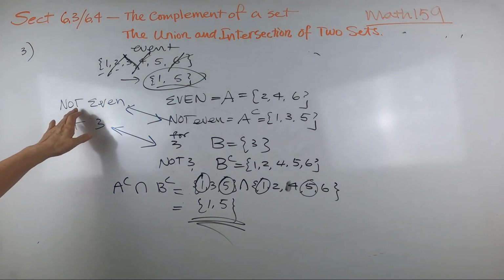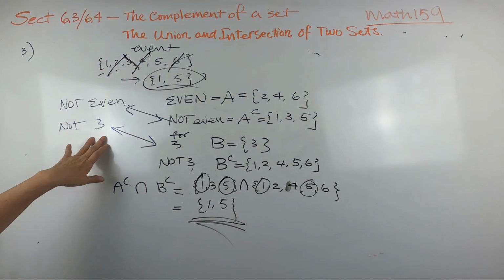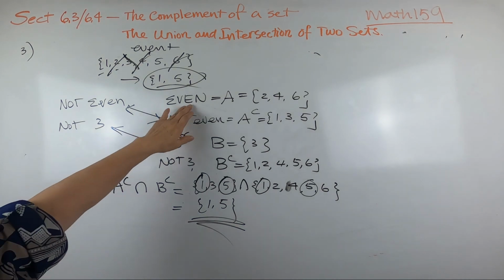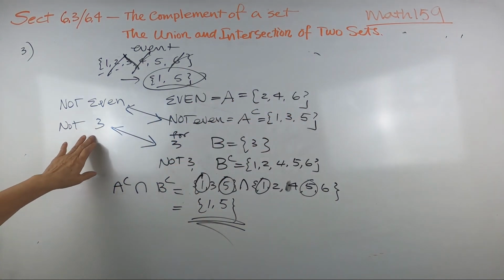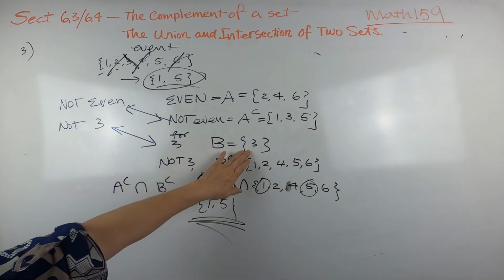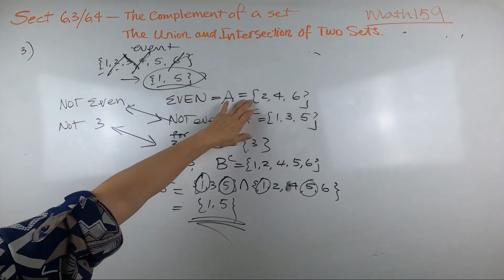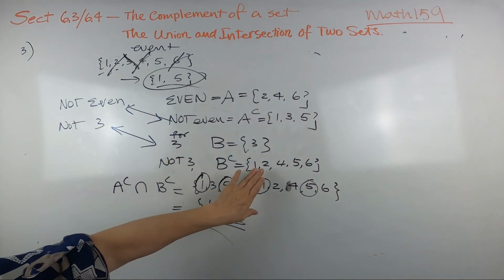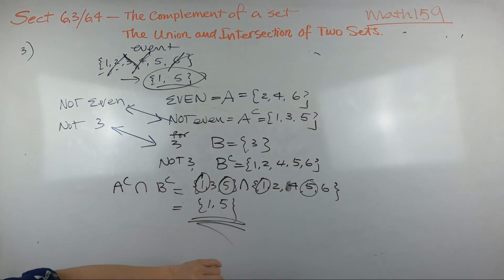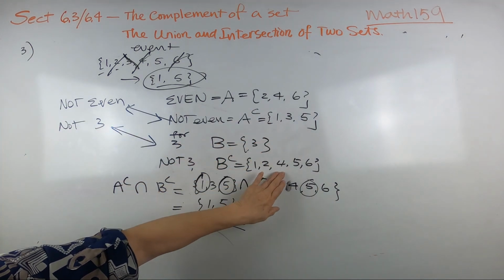So first, we say not even, not 3. You have to find the even first. Even would be 2, 4, 6, and 3 would be 3. Then not even, between 1 to 6, would be 1, 3, 5. And not 3 would be 1, 2, 4, 5, 6. Then you want to have both, not even and not 3, so it would be complement and complement.